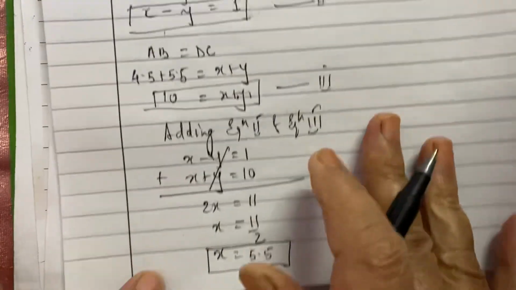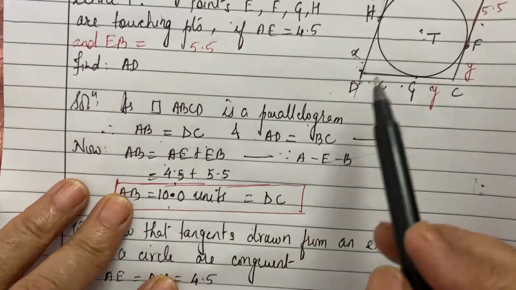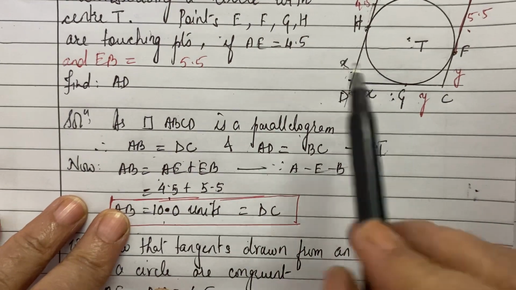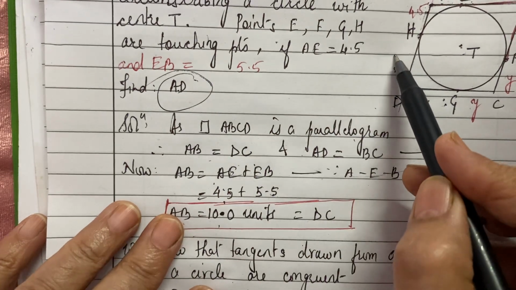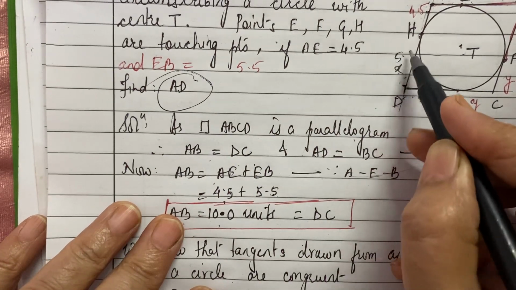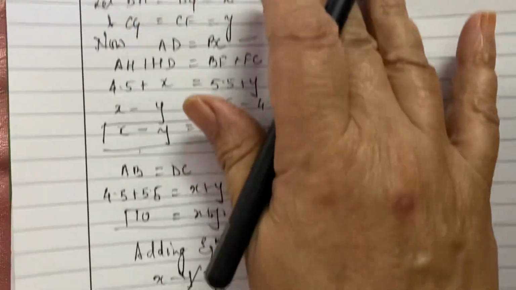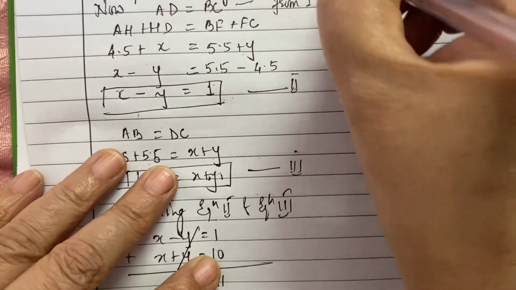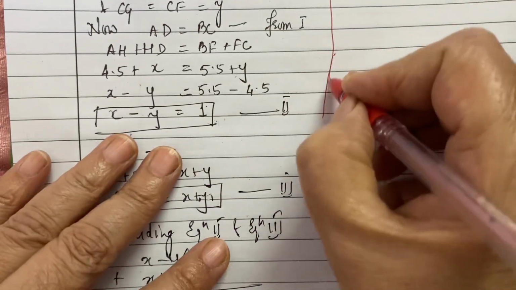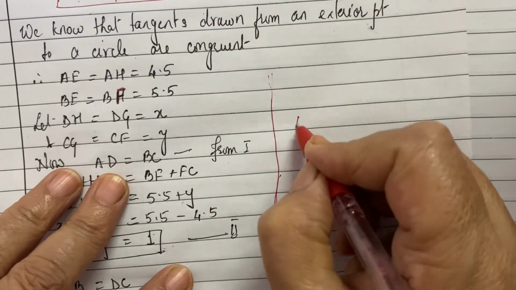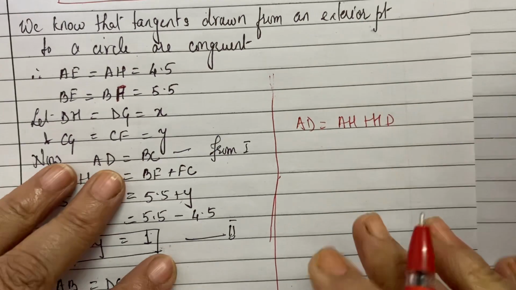Now this X is what? This X is your HD also. This X is your DG also. What do we have to find out? We have to find out AD. So we got this X as 5.5. We already have AH as 4.5. So we get length AD. Are you getting that? So now AD is equal to AH plus HD.